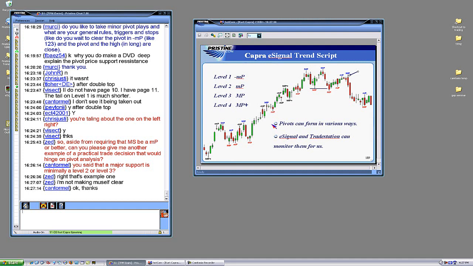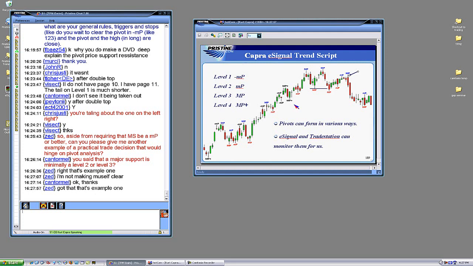All right, well, how about this? If major support is taken out, if we trade below, in an uptrend, if we trade below a level 2 pivot or greater, we can then short the next lower high. Does that help?